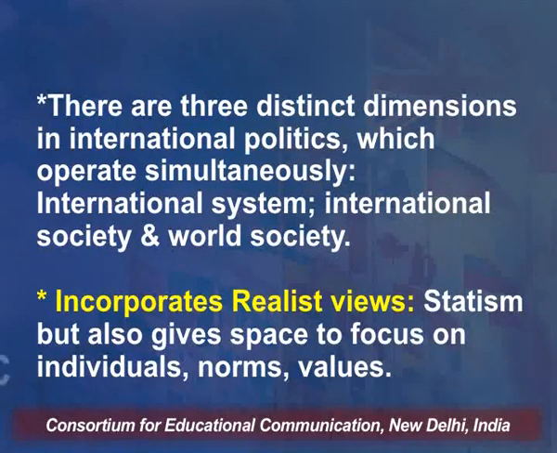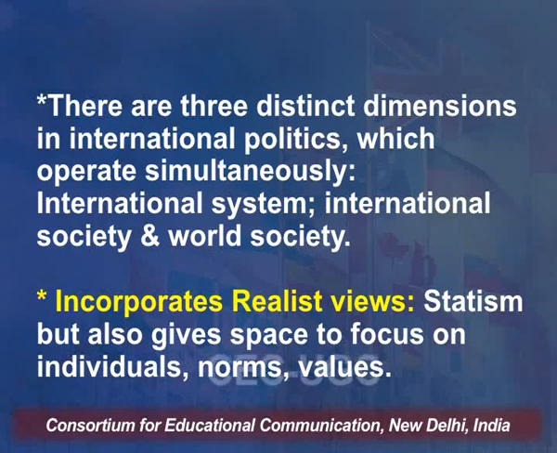There are three distinct dimensions in international politics, which the various inputs presented by the research and ideas of the theorists of the English school in international relations show operate simultaneously: the international system, international society and world society.